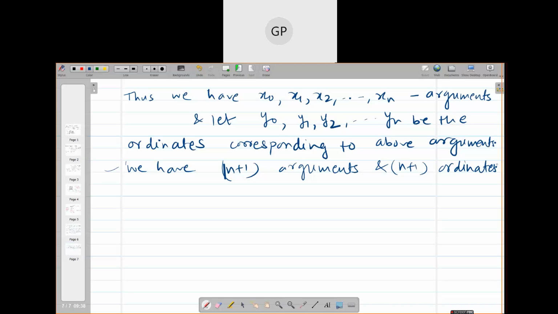Now we are going to do certain substitutions in Newton's forward difference formula. Tell me, your y is expressed in which variable? If you consider Newton's forward difference formula, then it is expressed in which variable?